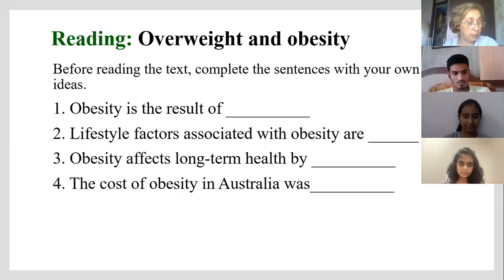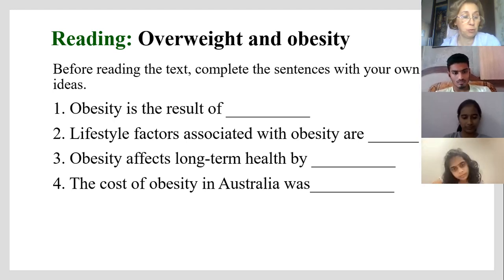So here the second one is for Bhuvanesh. Number 2. Yes. Lifestyle factors associated with obesity may be the intake of excess energy and the energy imbalance. So, lifestyle factors. What do people do?